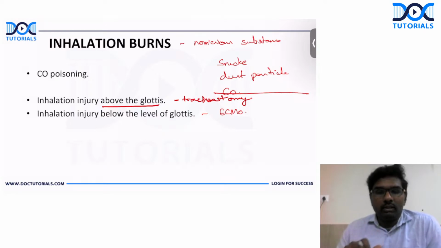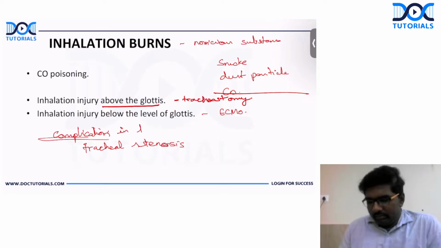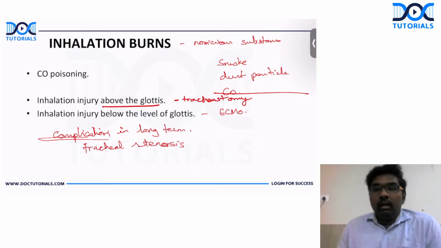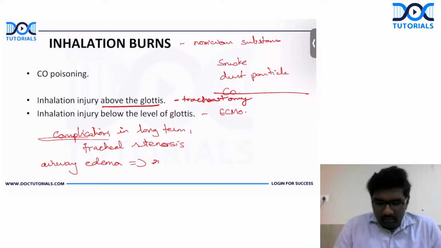This can cause fibrosis, and tracheal or bronchial stenosis can be a complication in the long term. Immediately on exposure to these noxious gases, the patient will develop airway edema, which can cause respiratory compromise.